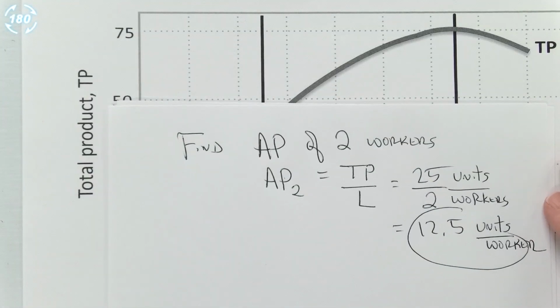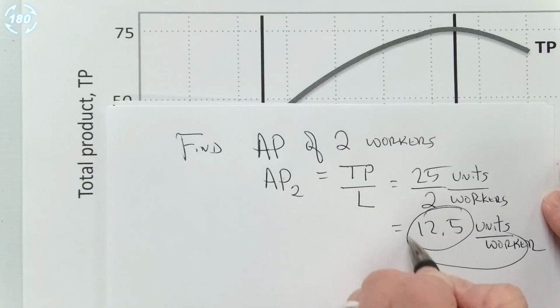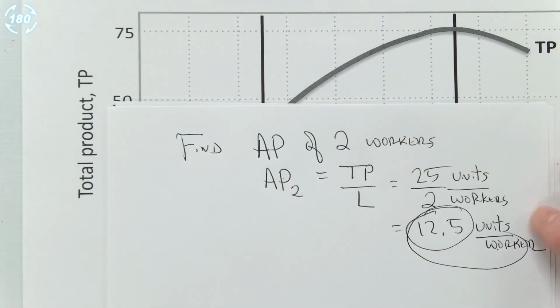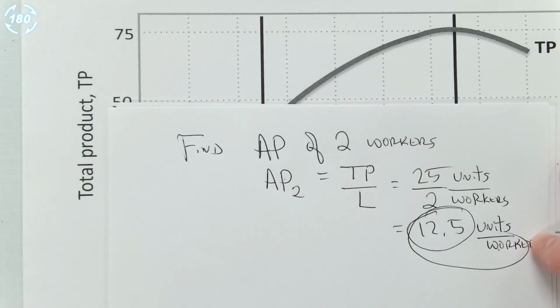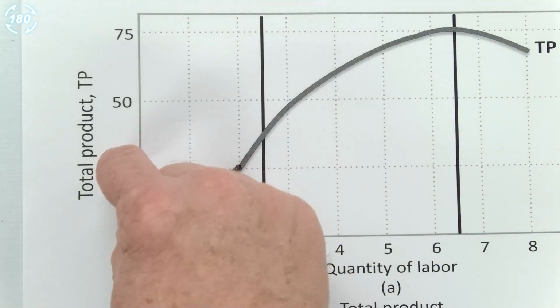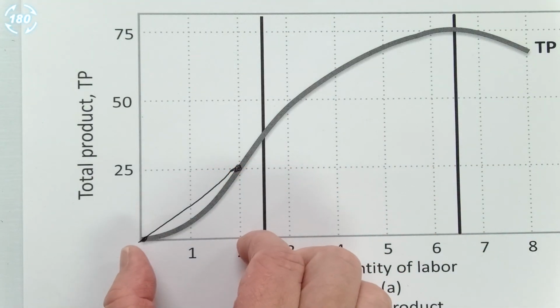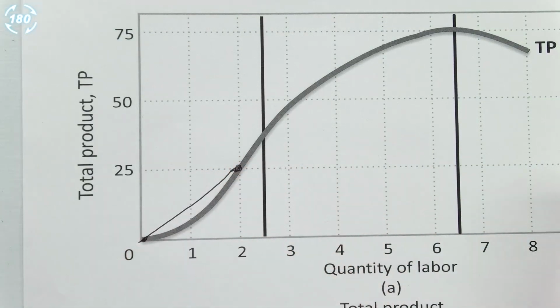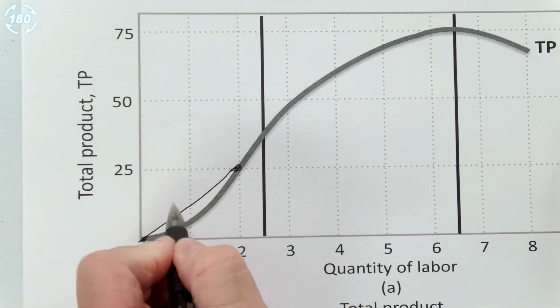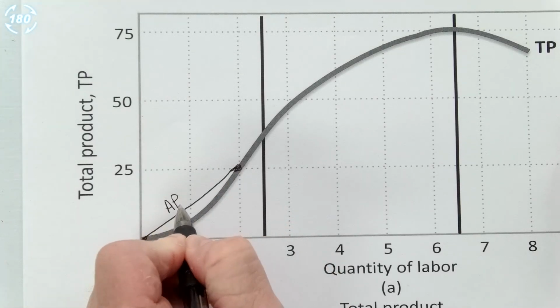Do you see that the slope of that secant line is 12.5 units per worker? Measure on the vertical divided by the measure on the horizontal. The rise is 25 and the run is 2. So what I'm saying here is that the slope of the secant line gives us the average product of 2 workers.